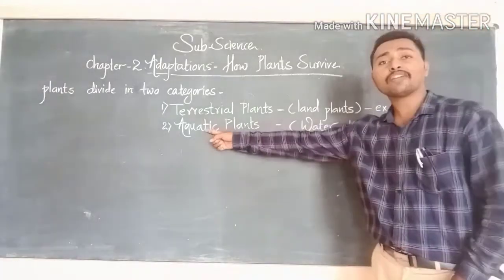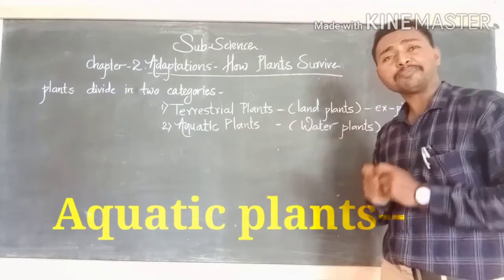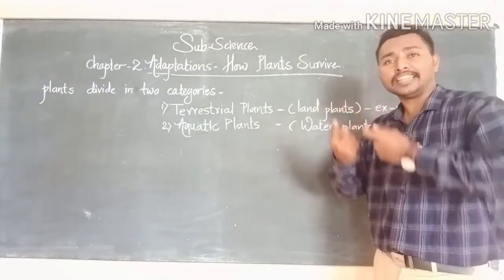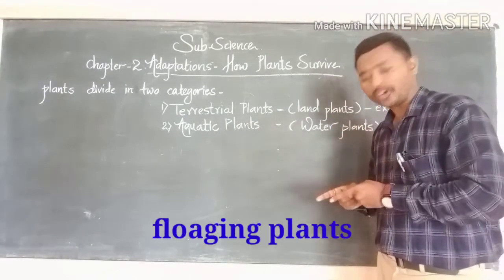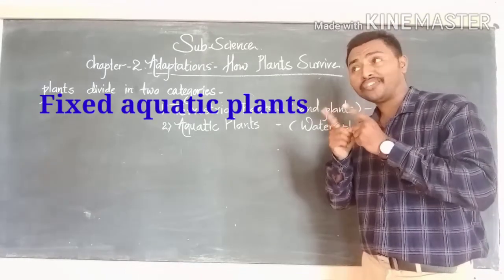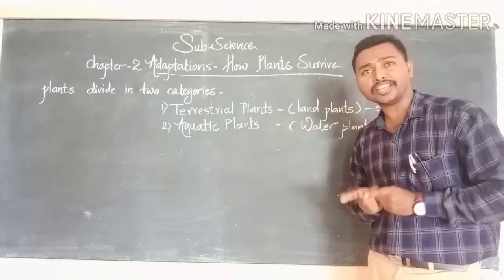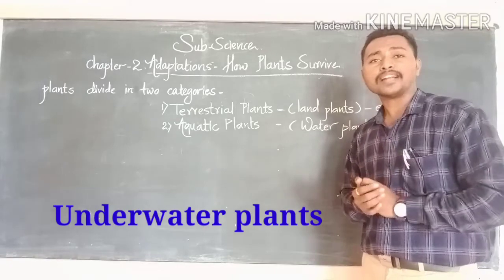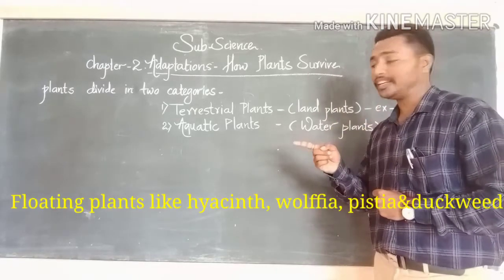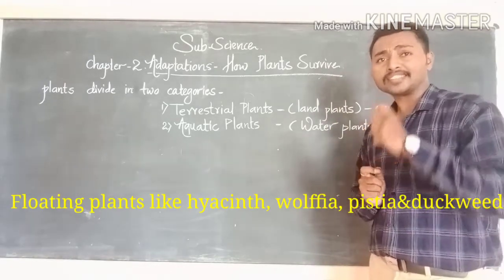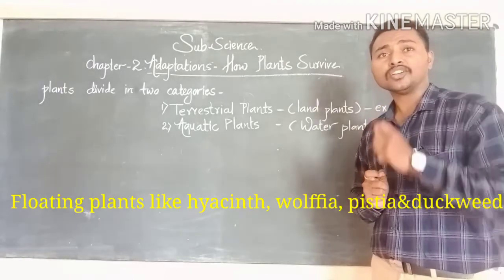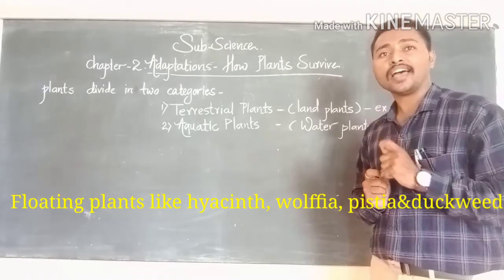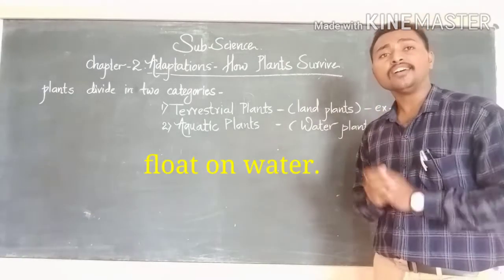Next point, aquatic plants. Aquatic plants are divided into three groups. Number one, floating plants. Number two, fixed aquatic plants. Number three, underwater plants. Number one, floating plants. Some plants like water hyacinth, wolffia, pistia and duckweed float on water.